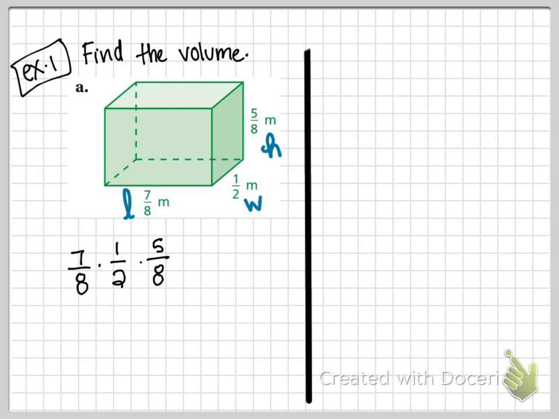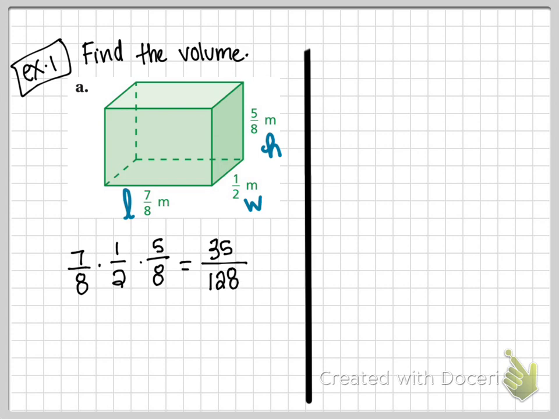Okay, to multiply fractions, we multiply straight across the top. 7 times 1 times 5 is what? 35. And on the bottom, 8 times 2 times 8. Liam? 128.